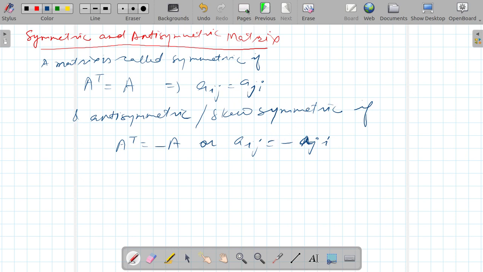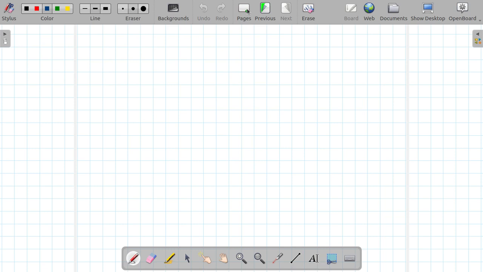Then next is a very important one, that is Hermitian and anti-Hermitian matrix. I am simply recapitulating these results. I am not talking about them in more detail.